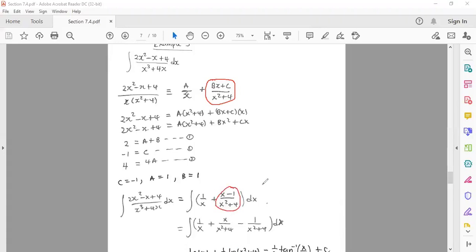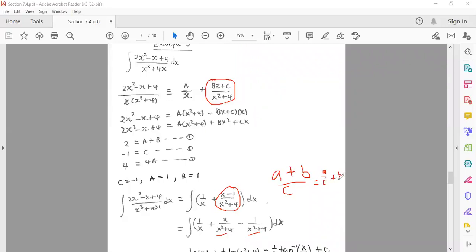Please, when you hit this step, don't panic. You ask yourself, what do I do? It's not a u substitution, it's not a trig substitution. The first thing that should come to mind is just split it into 2. It comes from the fact that if I have a plus b divided by some common denominator c, I can split this into 2, so you can have a over c plus b over c.